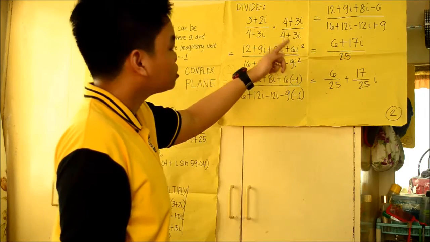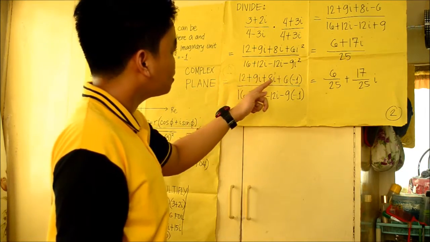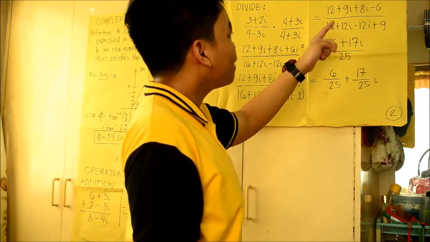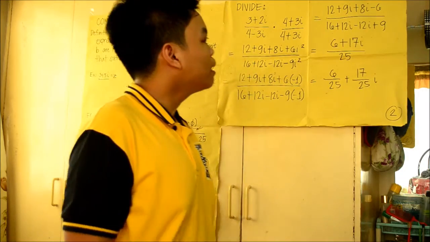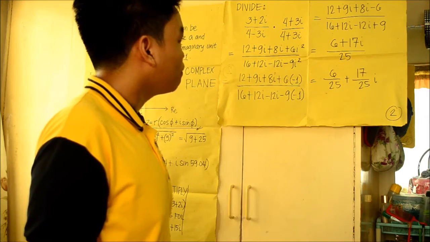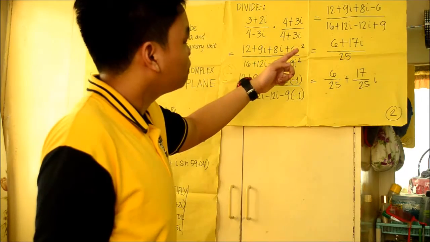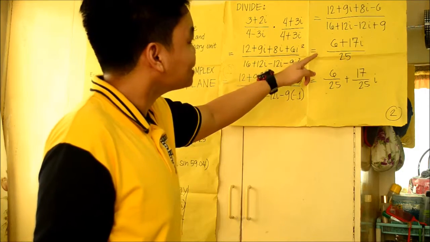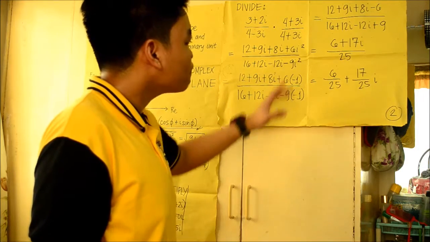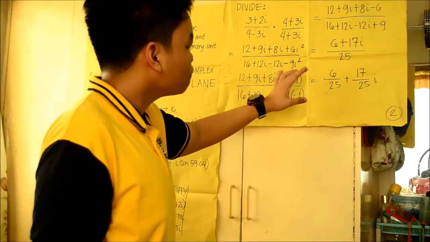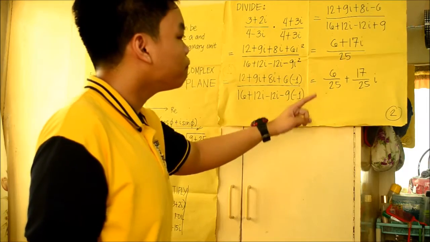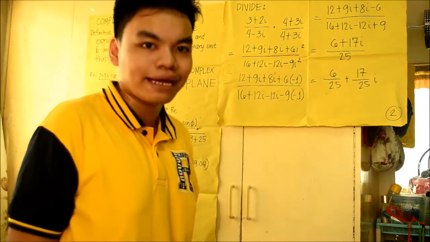Since i squared is equal to negative 1, we will substitute negative 1 for i squared. Then we will have 12 plus 9i plus 8i minus 6, all over 16 plus 12i minus 12i plus 9. Following all the operations, we will have 6 plus 17i all over 25. Then for the final answer, we will separate the real number from the imaginary number: 6 over 25 plus 17 over 25 i.